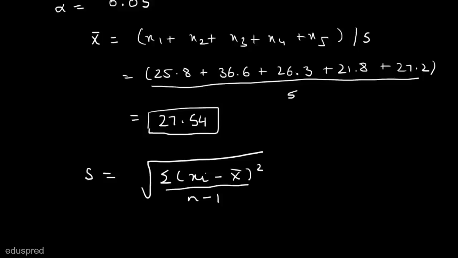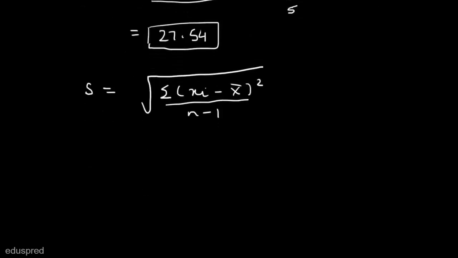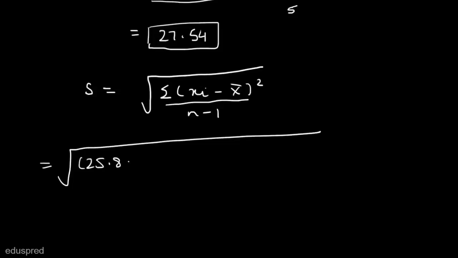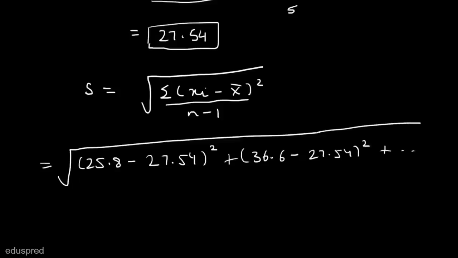So this is equal to the square root of 25.8, which is our first observation, minus the mean value, 27.54, whole square, plus 36.6, which is the second observation, minus 27.54 whole square, and so on till the fifth observation.